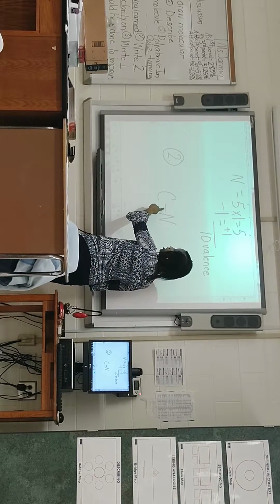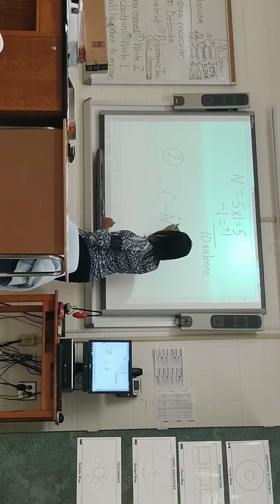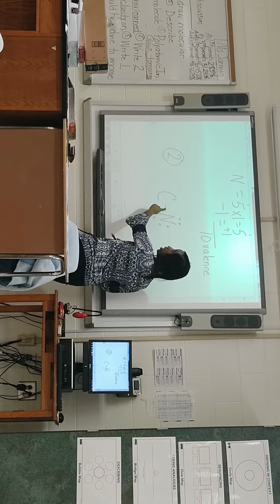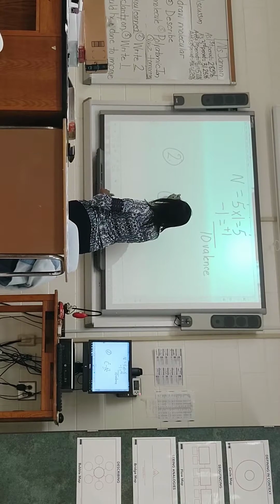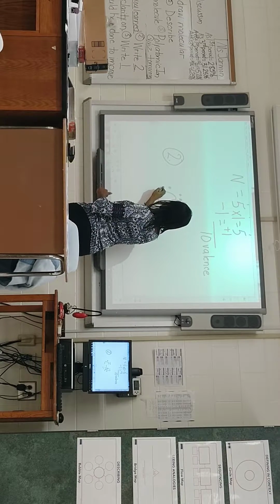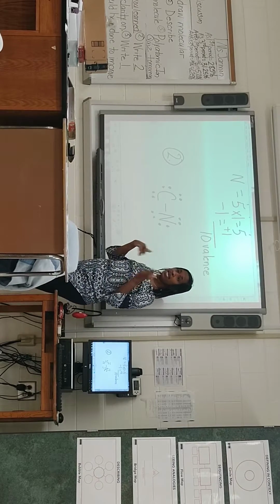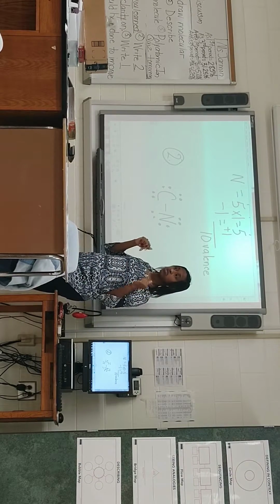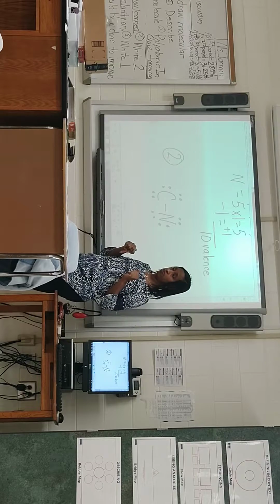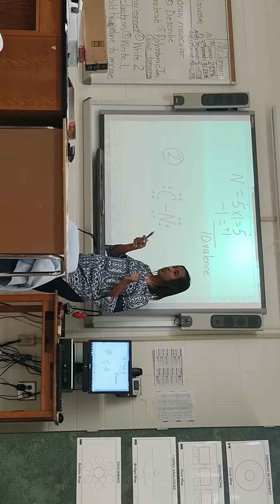So let's count. 1, 2, 3, 4, 5, 6, 7, 8. 1, 2, 3, 4, 5, 6, 7, 8. Okay, so I've made sure that each element follows the perfect octet rule. This is why this is trial and error.